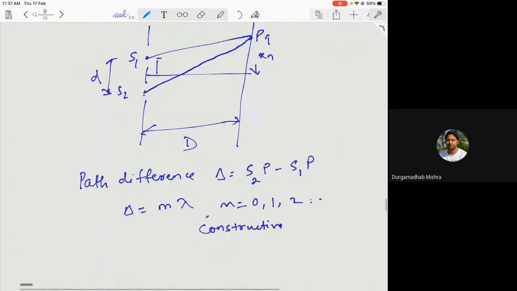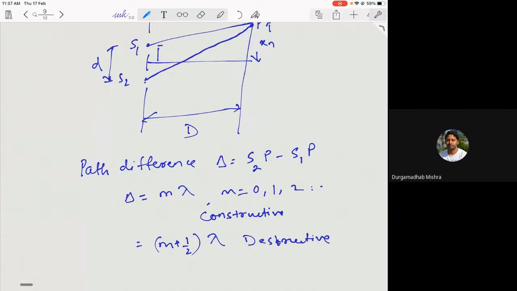And if it is (n plus half) lambda, then this is destructive interference. That means your phases are opposite, the phase difference will be pi, and therefore you will observe no intensity there.